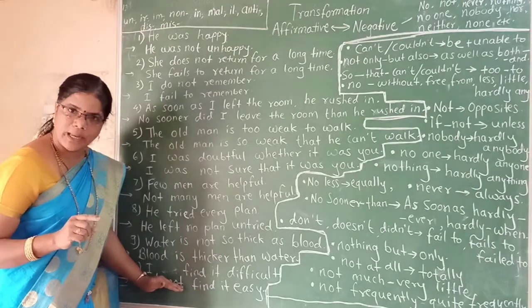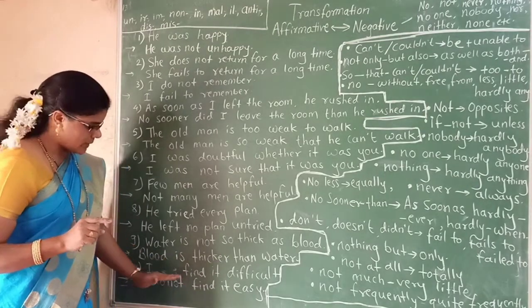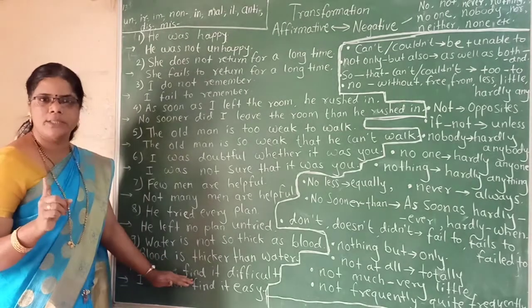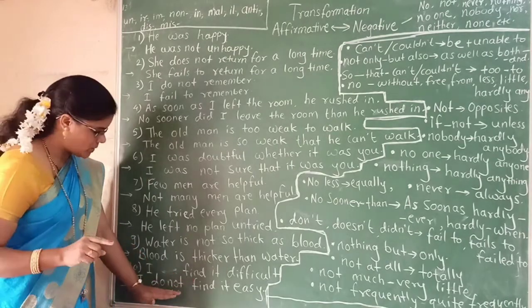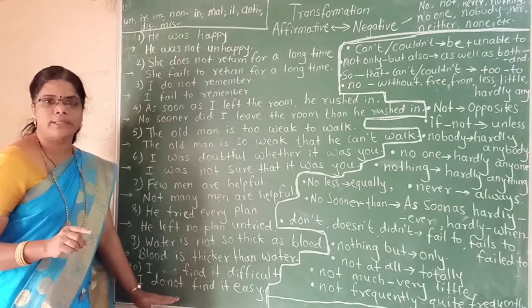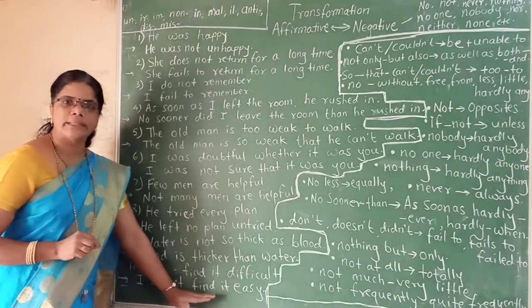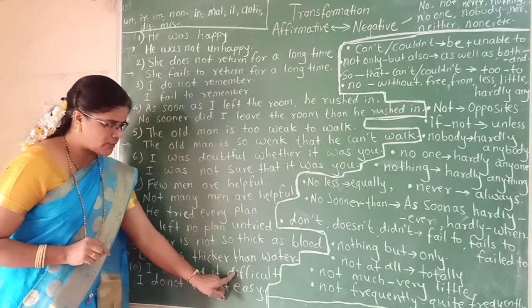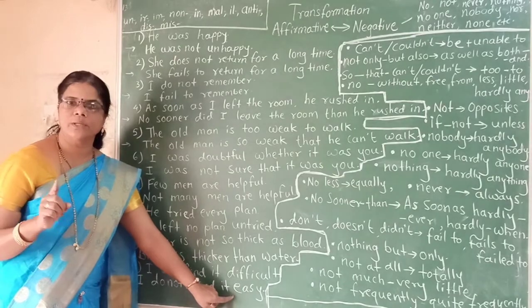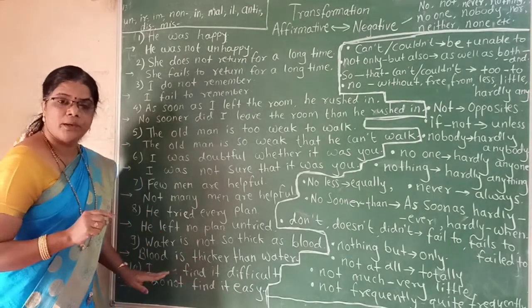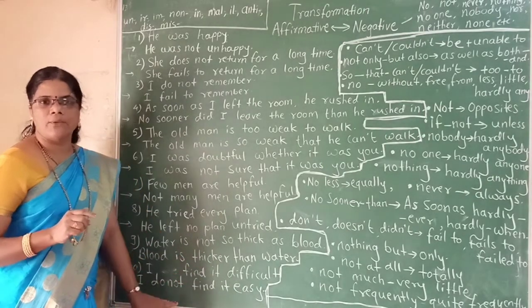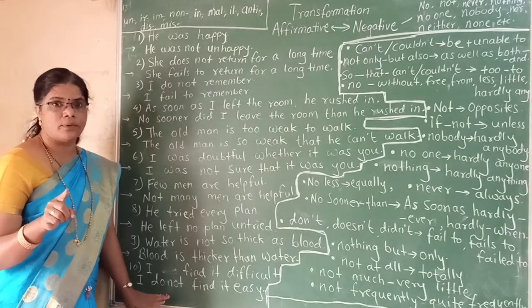If here would be "can", and if the sentence is given without an auxiliary verb, then we can use do not, does not or did not. So here, I find it difficult, I do not find it easy. Instead of "difficult", I have used the opposite word "easy". See here, if here would be an auxiliary verb, then I would have used that auxiliary verb as it is.